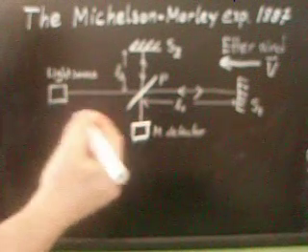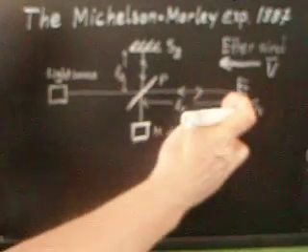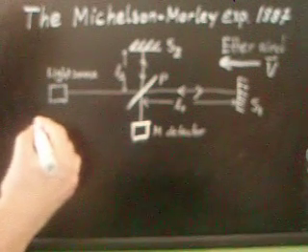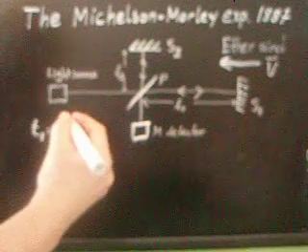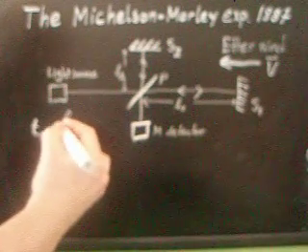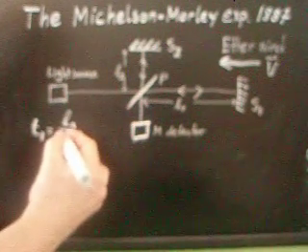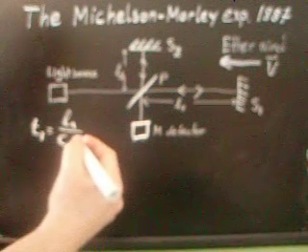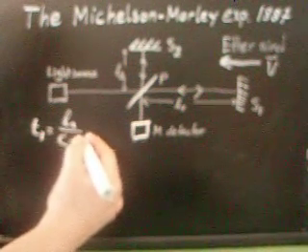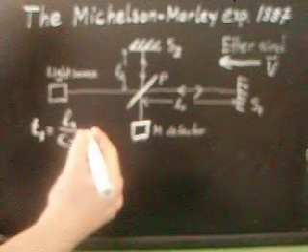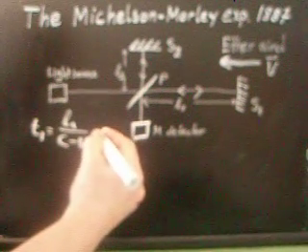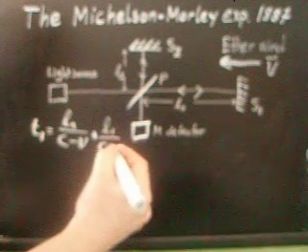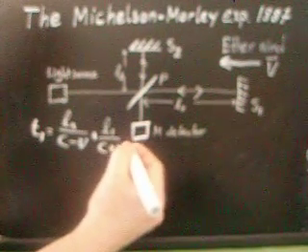We call the time it takes to go this distance and back T1. T1 will then be equal to L1 divided by c minus v, where c is the velocity of light in the inertial system of the ether and v is the velocity of the ether wind, plus L1 divided by c plus v.